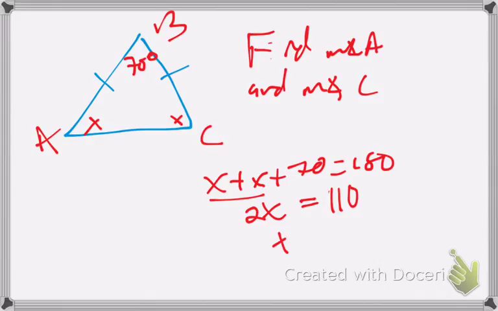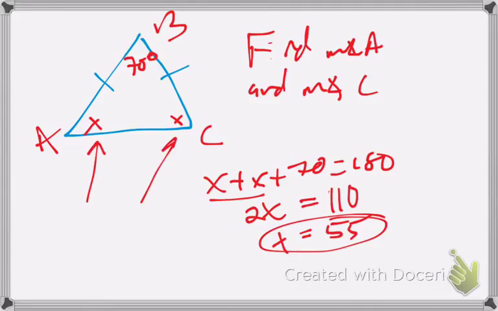Divide both sides by 2, and x is 55. So both those measures of those angles are going to be 55 degrees. Not because I found x, but because that's what angle A and angle C are represented by. So something else that you need to keep in mind too, the base angles, you can always let them be the same in an isosceles triangle since they're congruent.